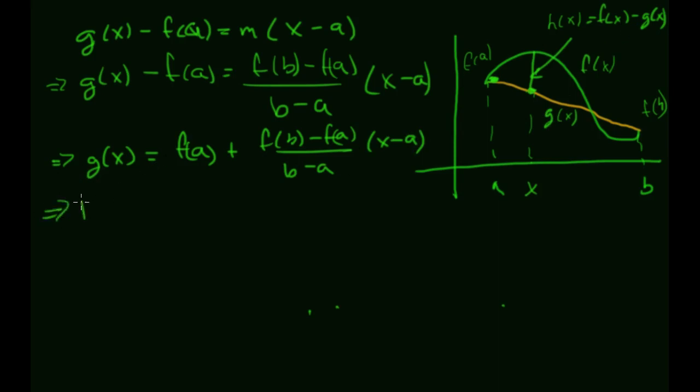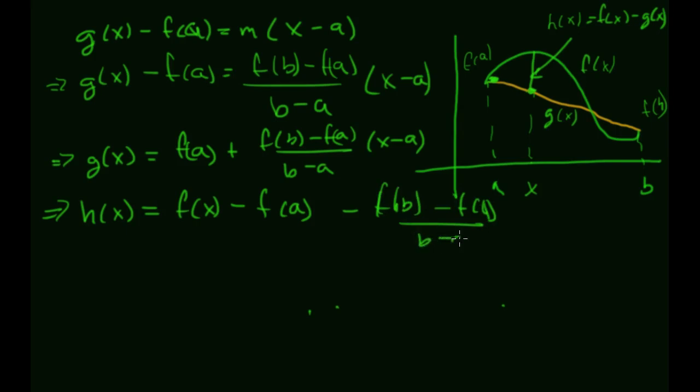so h of x is going to be f of x minus this, so it's going to be f of x minus f of a minus (f of b minus f of a) all over (b minus a) times (x minus a). Okay, so we want to look at this h of x specifically at 2 places.